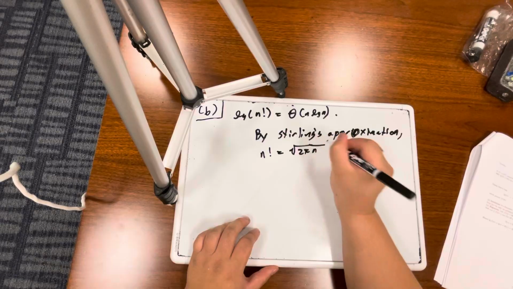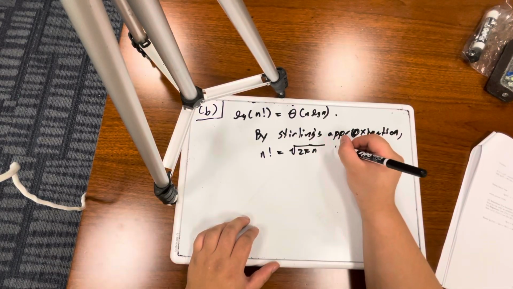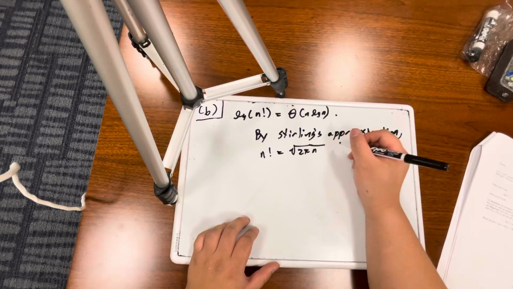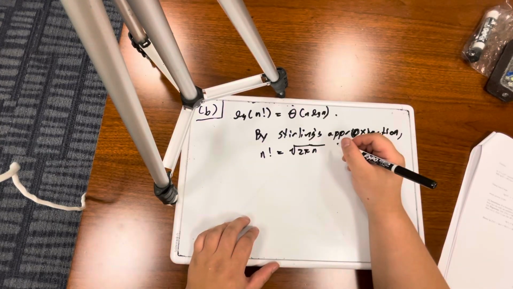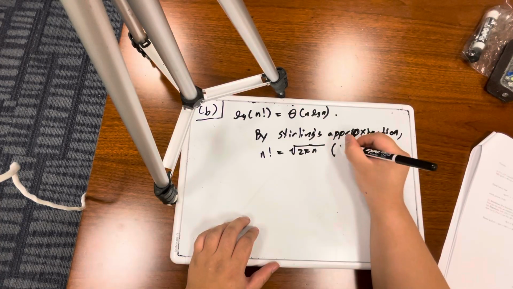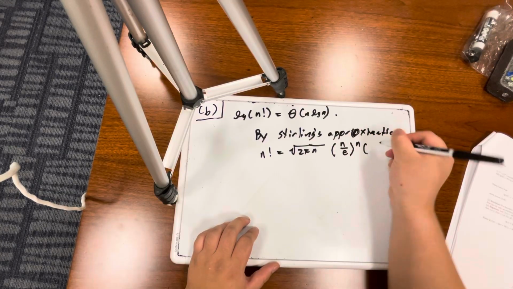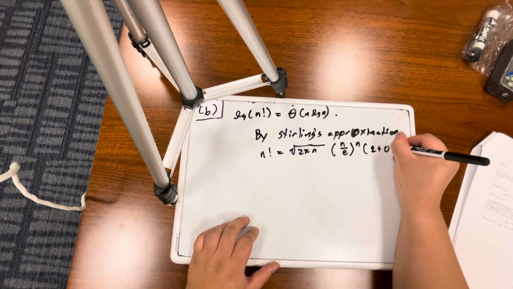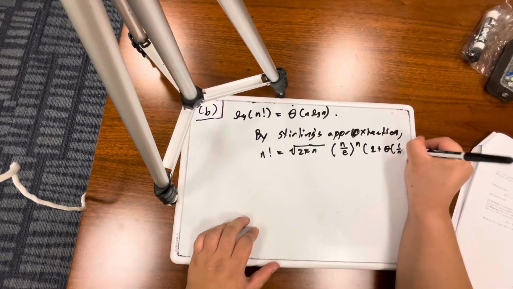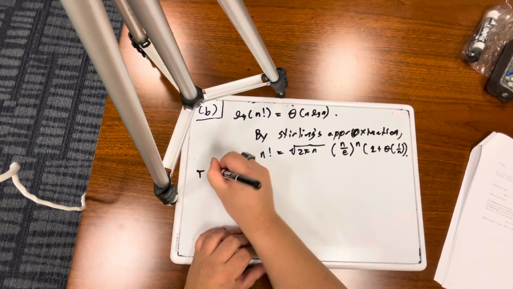So by Stirling's approximation, we have that n factorial is equal to the square root of 2 pi times n times open parentheses n over e close parentheses to the n, open parentheses 1 plus theta of 1 over n close parentheses. So that's by Stirling's approximation.